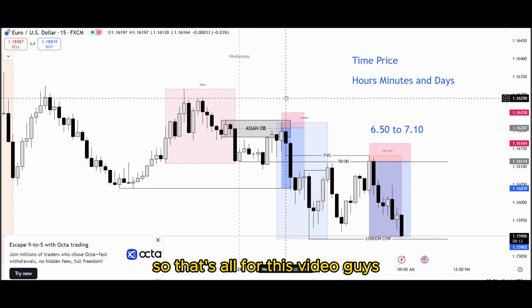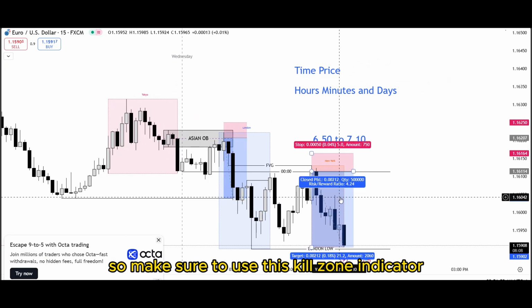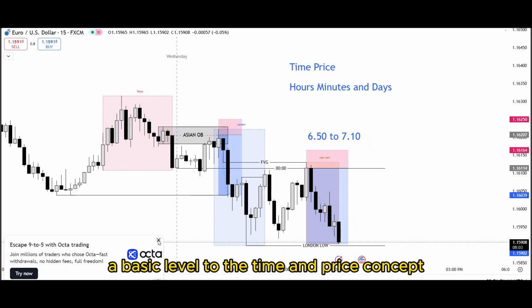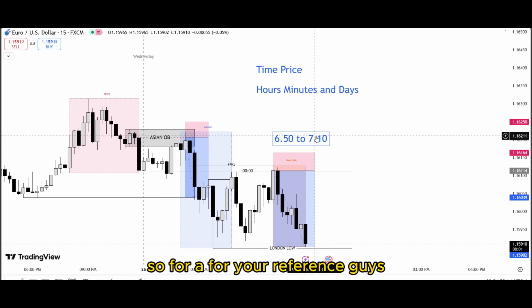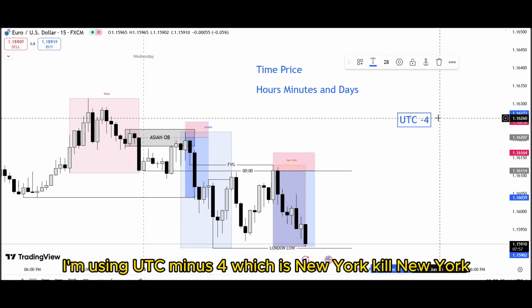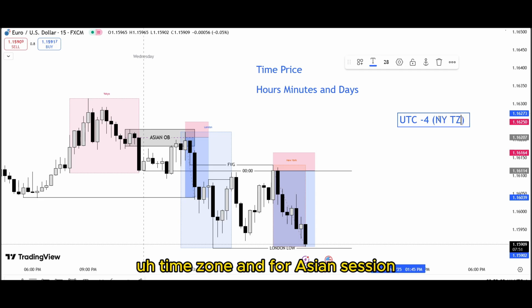And yep, that's all for this video, guys. Make sure to use this Killzone indicator. This is something basic level to the time and price concept. For your reference, guys, I'm using UTC-4, which is New York time zone.